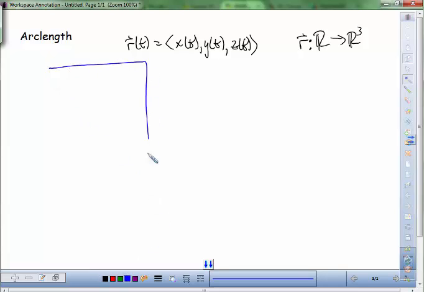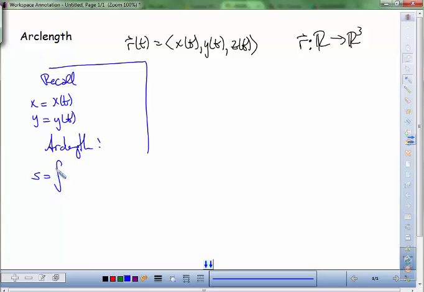So I'll do a little recall here of our formula for parametric equations, x equals x of t, y equals y of t, that the arc length is defined, if they call it L, whatever they call it. So it's going to be the integral of the square root of the derivatives squared.